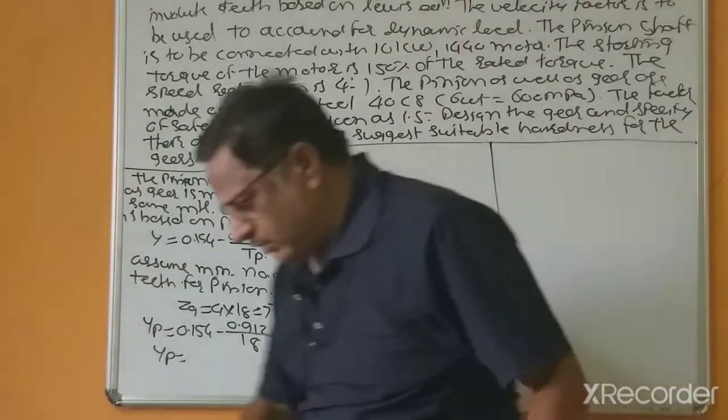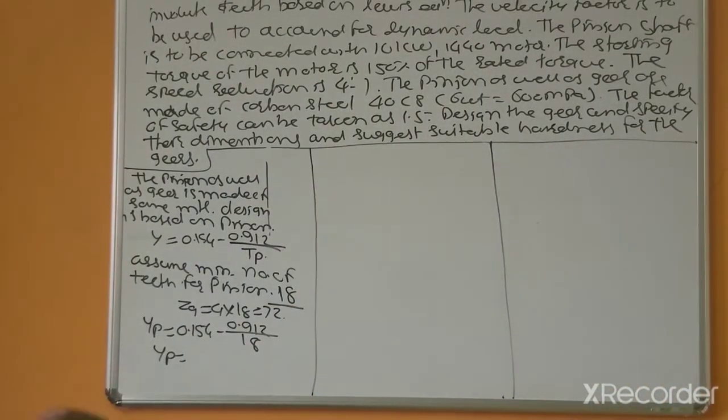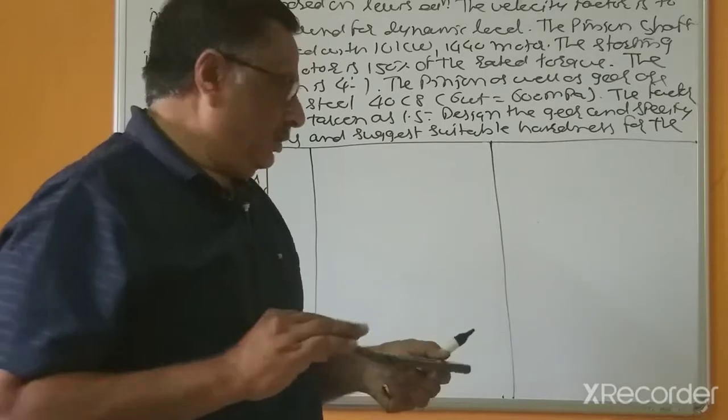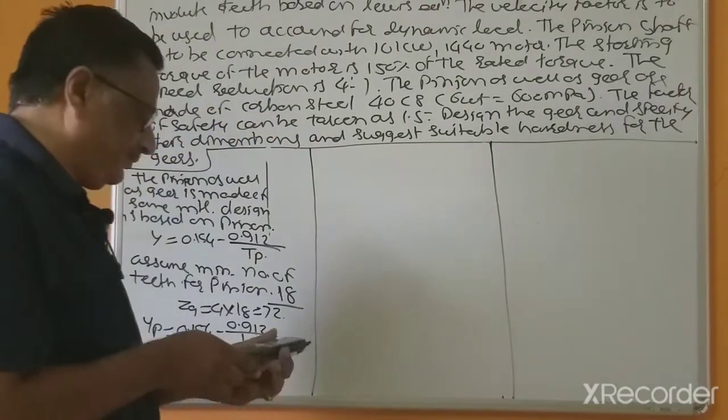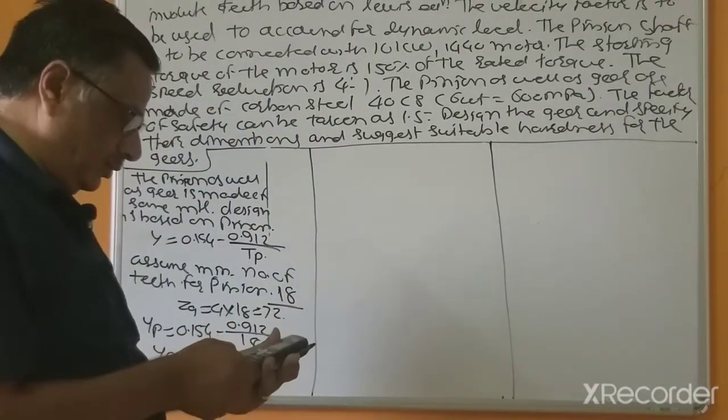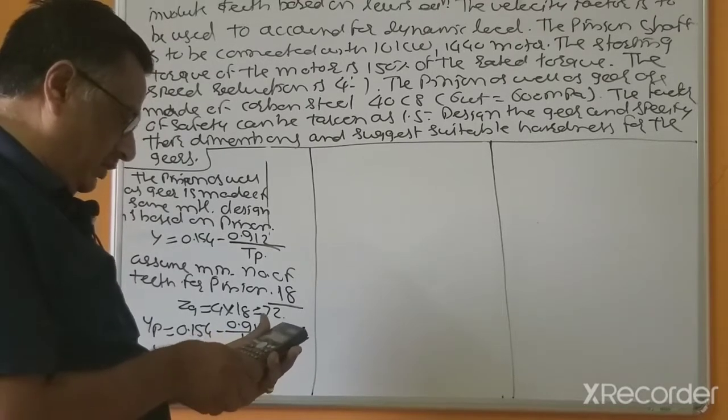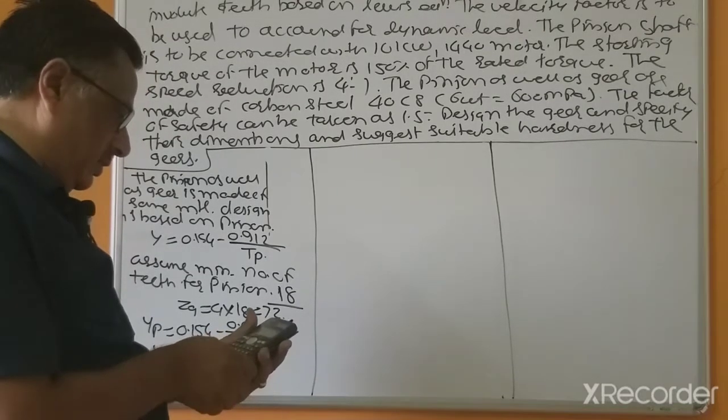I got it. So this is 0.912 divided by 18.